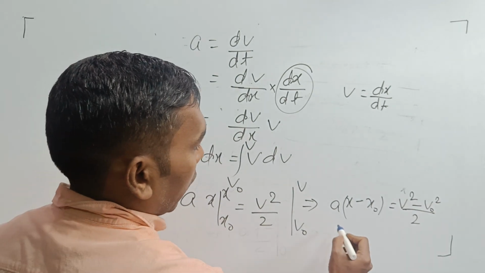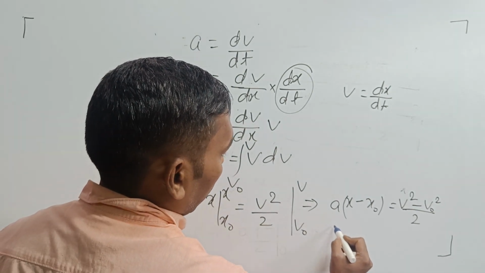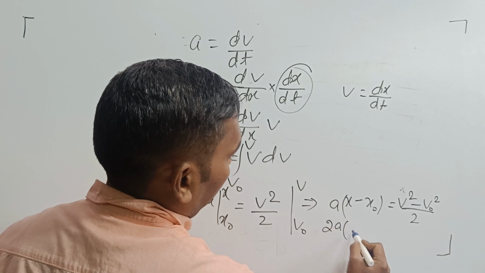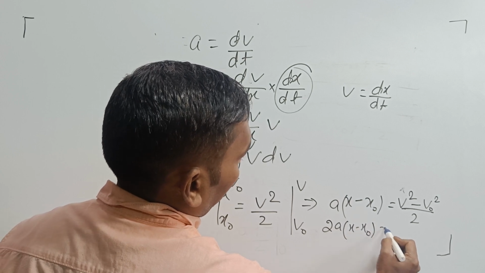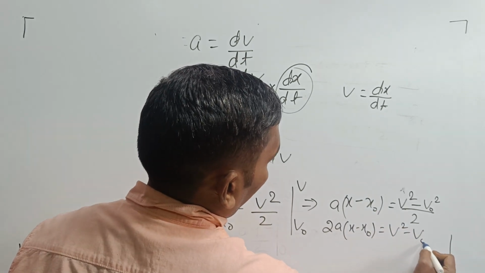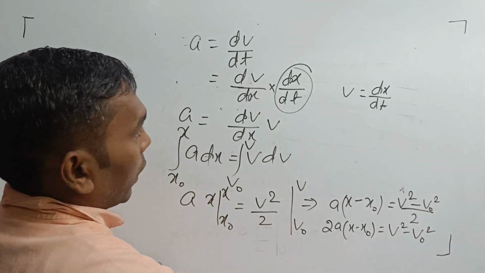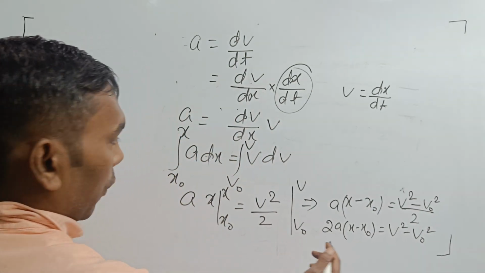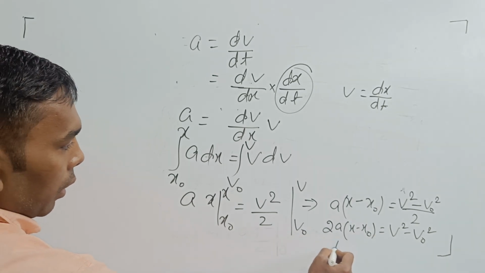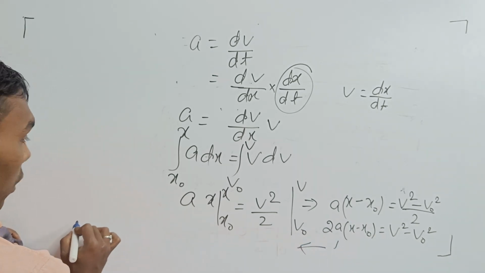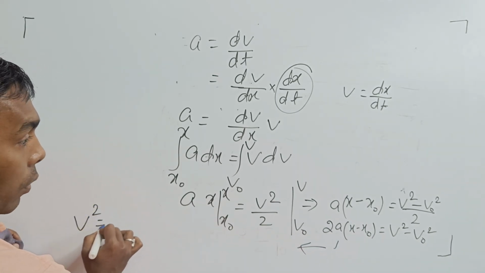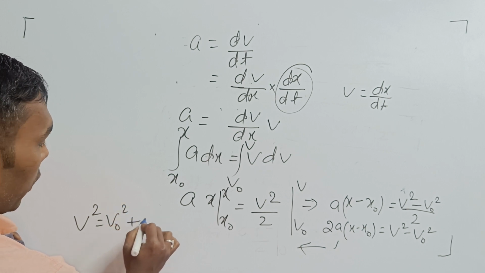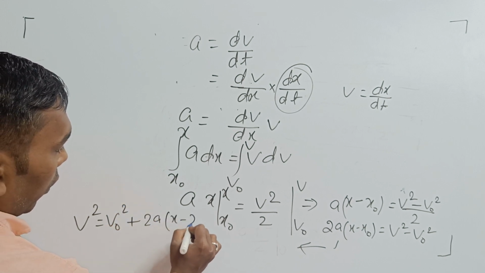If we cross multiply here, 2a into x minus x naught equal to v square minus v naught square. After that, again we are putting the final equation here. You can see v square equal to v naught square plus 2a into x minus x naught.